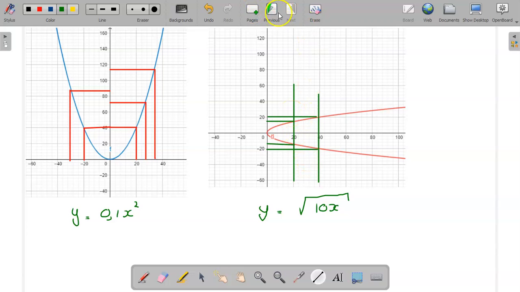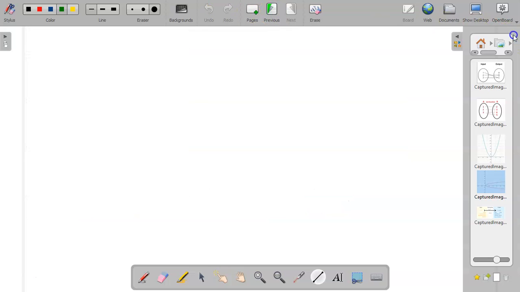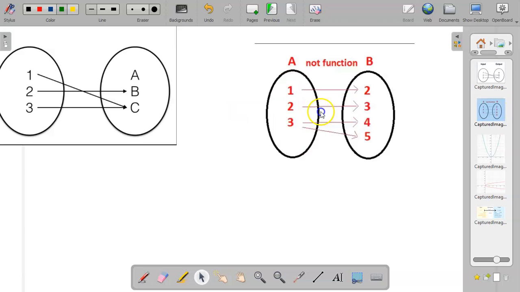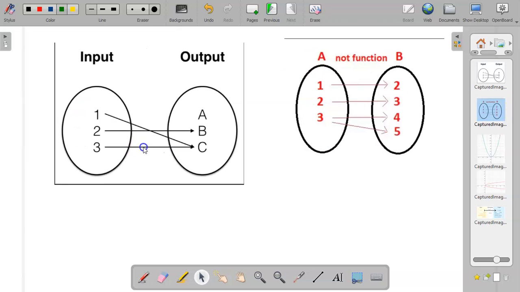Now, another way to visualize this is, let's think about this like so and this like so, right? Here you can see I've got an input going to an output only once. I've got a different input which goes to the same output, but only once, and I've got this input that goes to that output only once.